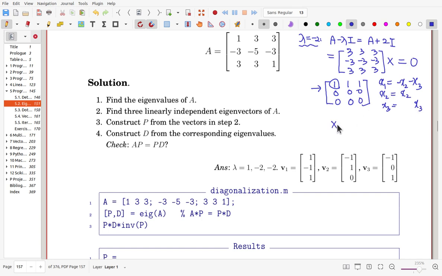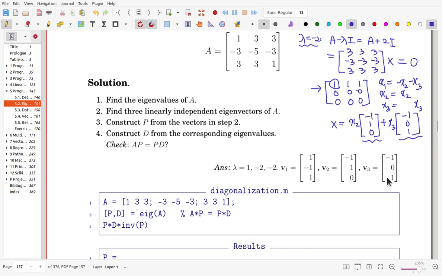So the vector x can be, along x2, the direction is minus 1, 1, 0, and along x3, the direction is minus 1, 0, 1.